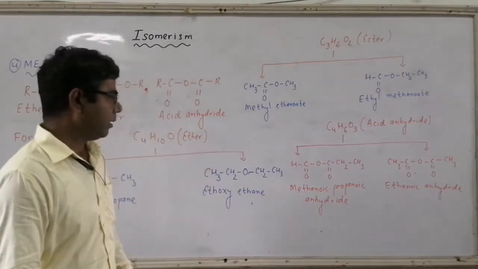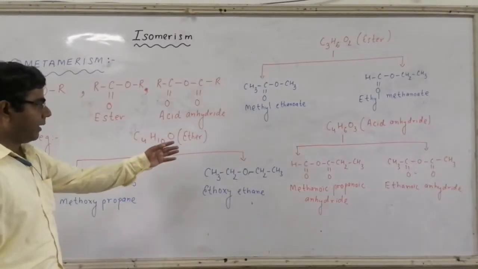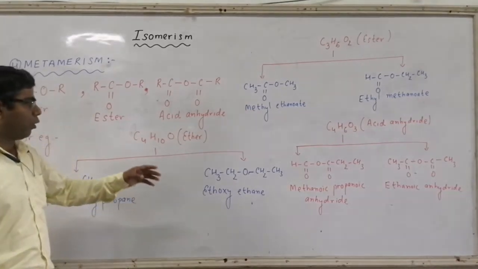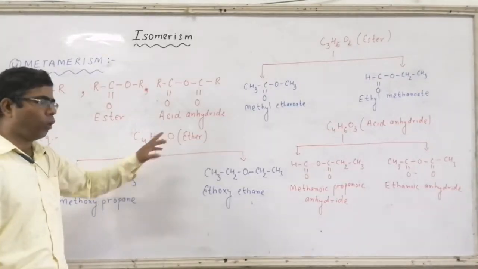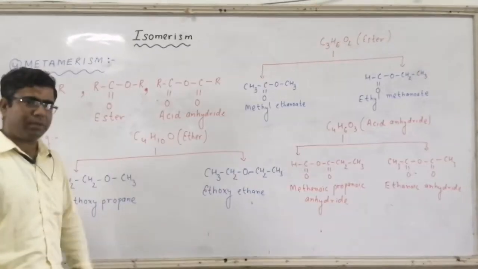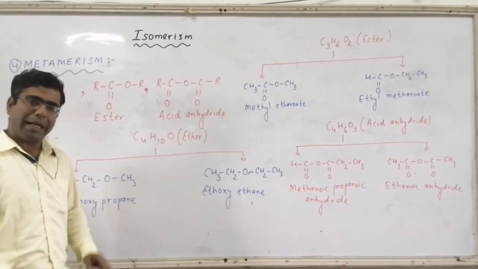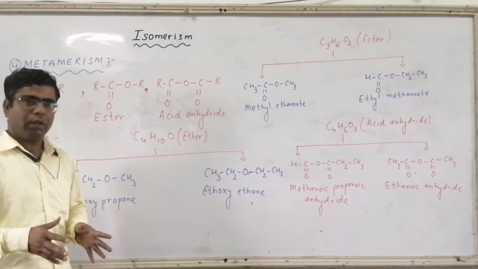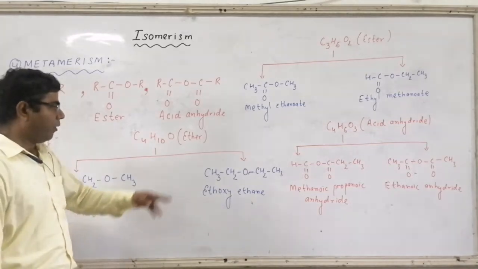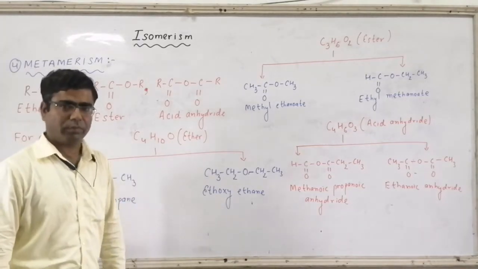So let us take example first for ether. Let us write the molecular formula C4H10O. The number of hydrogen atoms are similar to the number of H atoms present in alkane, and we have oxygen atom here.